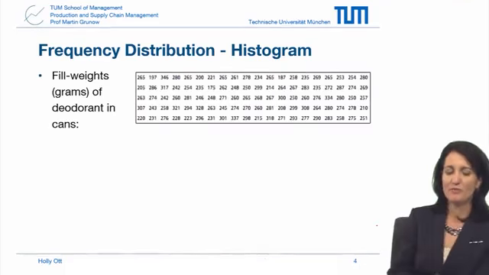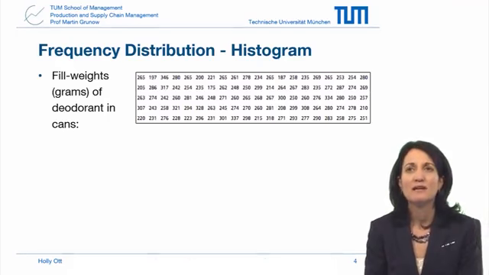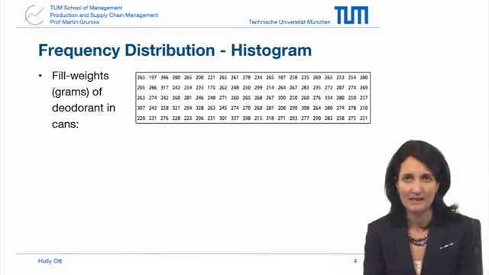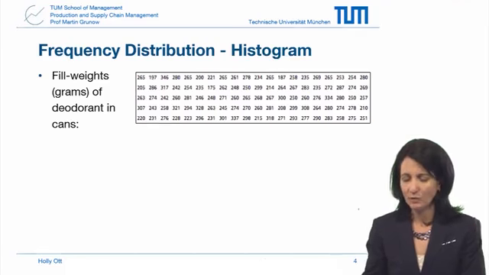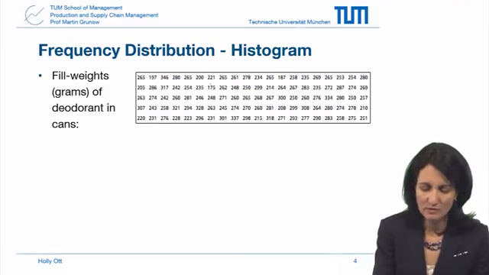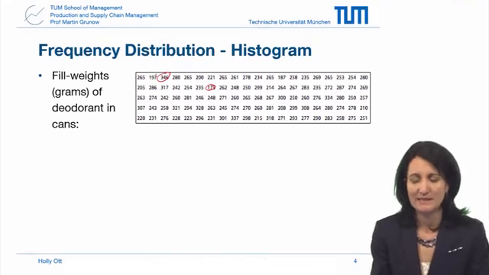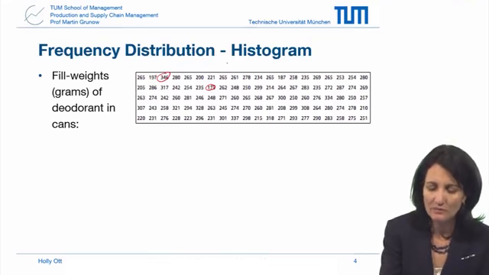Now here's our example. Here we have the fill weights of cans of deodorant taken from a sample of 100 cans. This data here is in grams. So to construct the histogram, we look first for the minimum and maximum values, which are here 175 and 346.